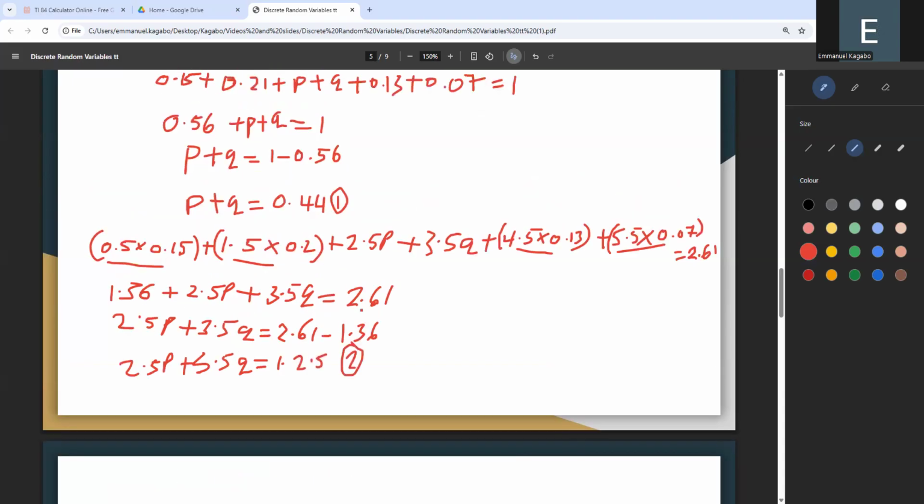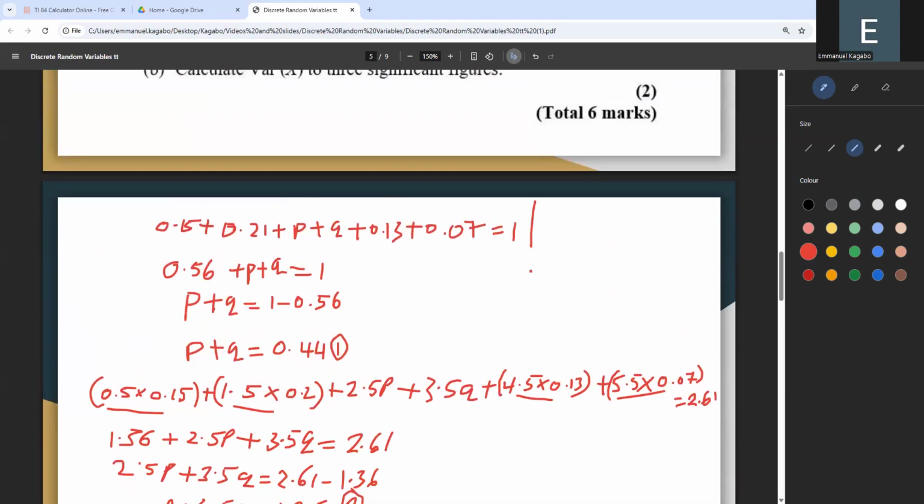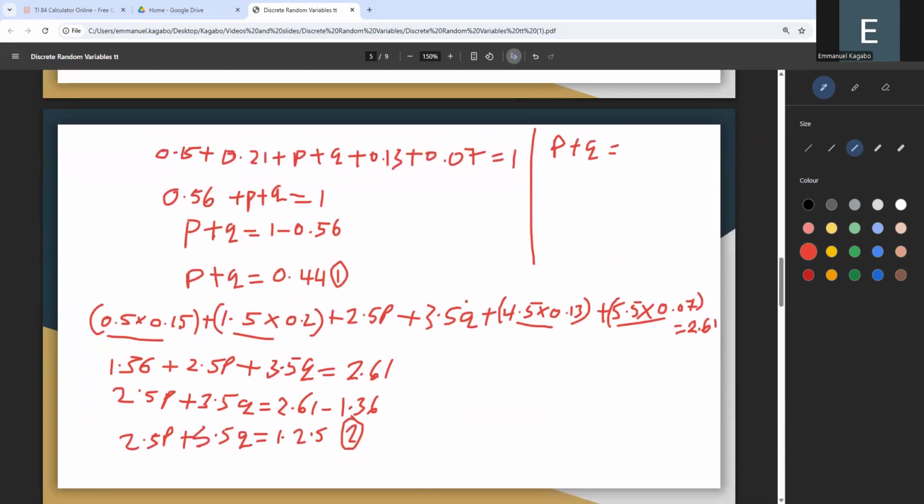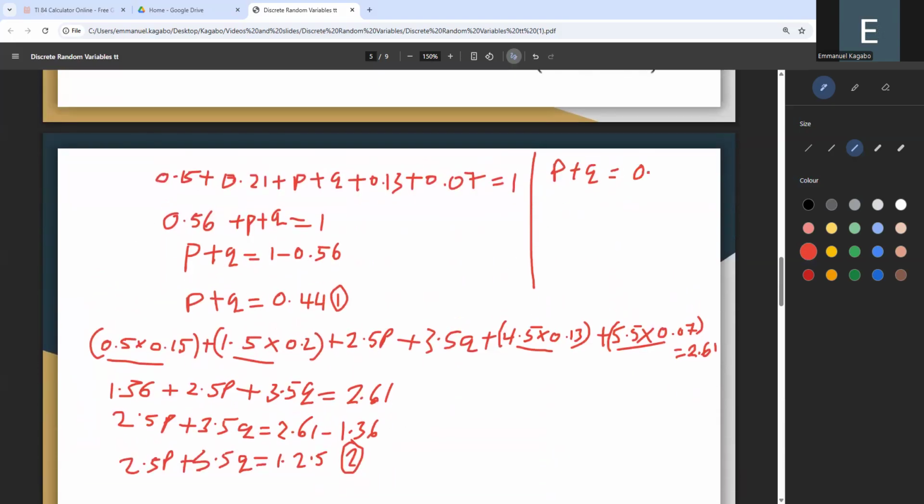Second simultaneous question now. I need to solve my two simultaneous equations. So what are my two equations? P plus Q equals 0.4 and 2.5P plus 3.5Q equals, what, guys?